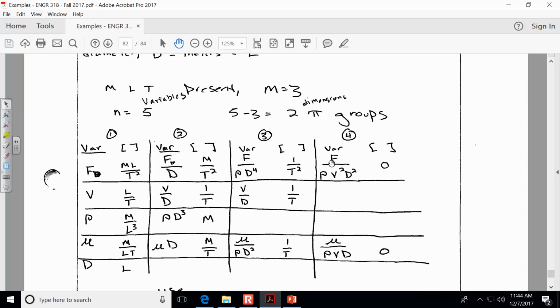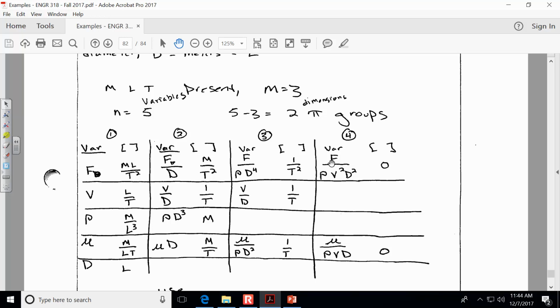The diameter only has units of length. So as I go from the first step to the second step, I'm going to use D as a tool to cancel out units of length in other variables.